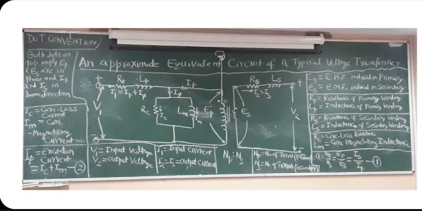The lossless transformer, which is the ideal case, is in the middle of the diagram, where the primary EMF EP and the secondary EMF ES are shown. They are obviously connected by the turns ratio NP divided by NS. Okay, so I'll come back to it later.